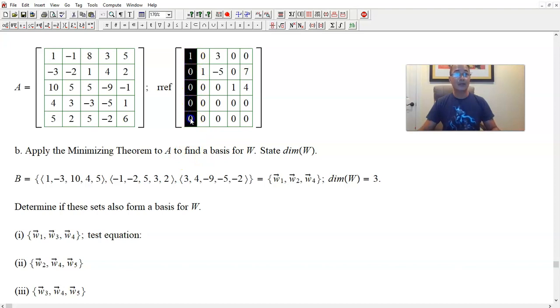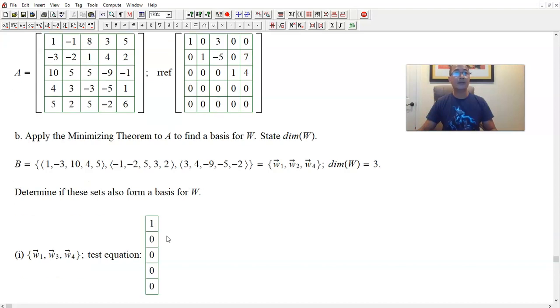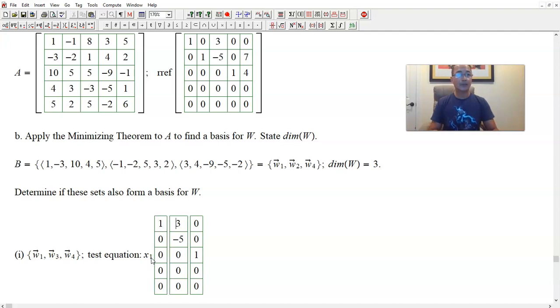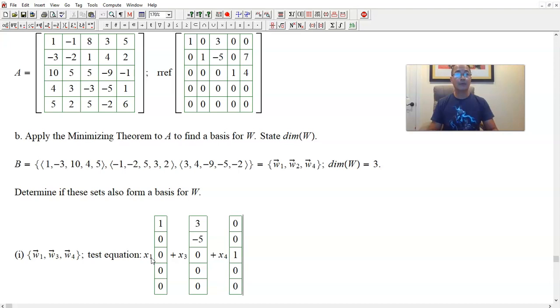Here is W1. Column 1 of the REF. And here is column 3 for the REF. And here is column 4. Okay, so we want to make a linear combination x1 times column 1 plus x3 times column 3 plus x4 times column 4 must be all zeros.